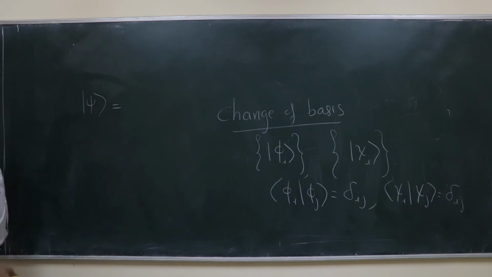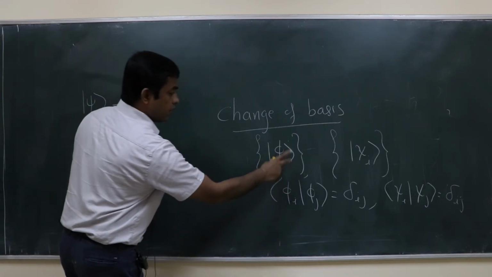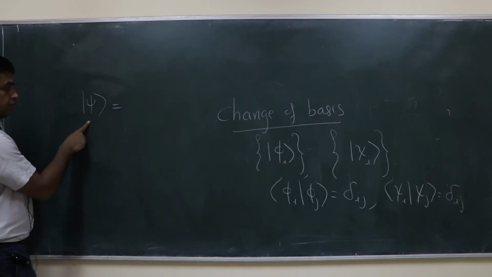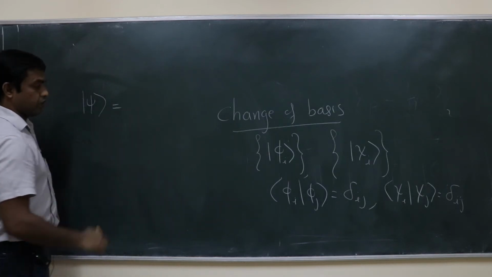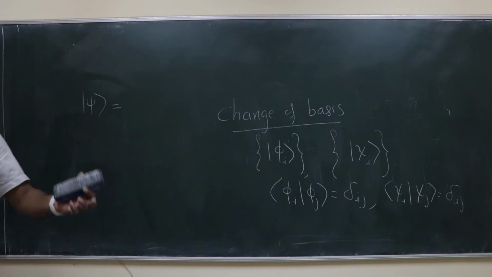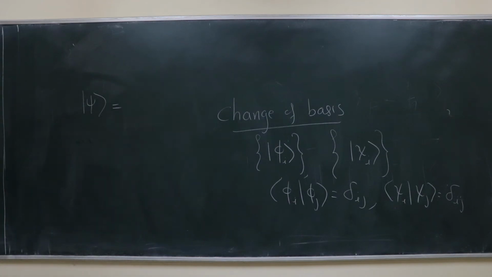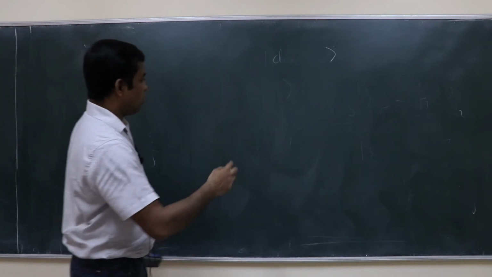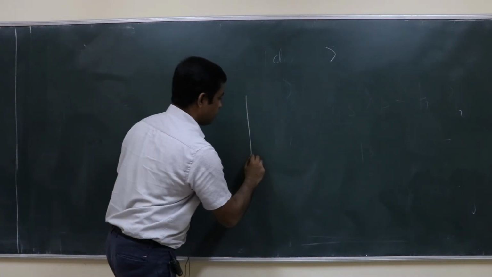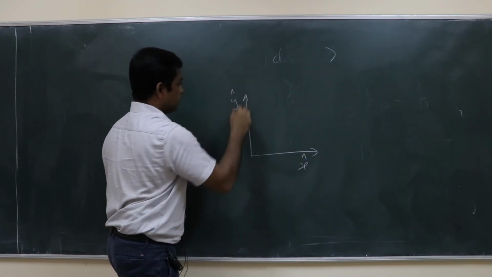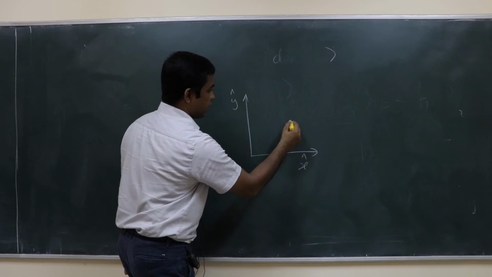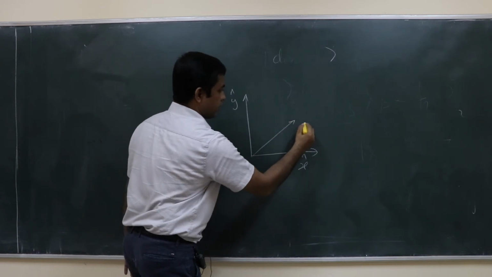So now ket phi i is a basis. Any state in that space I can write in terms of ket phi i. That is what we are going to do now. Let us take the two-dimensional plane, you have x cap and y cap, and I have a general vector, some vector v.